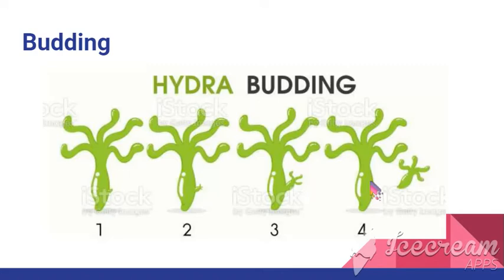Okay, students, now let us recap today's portion. Today we have learned what is reproduction, what are the types of reproduction, and then we learned the asexual reproduction.